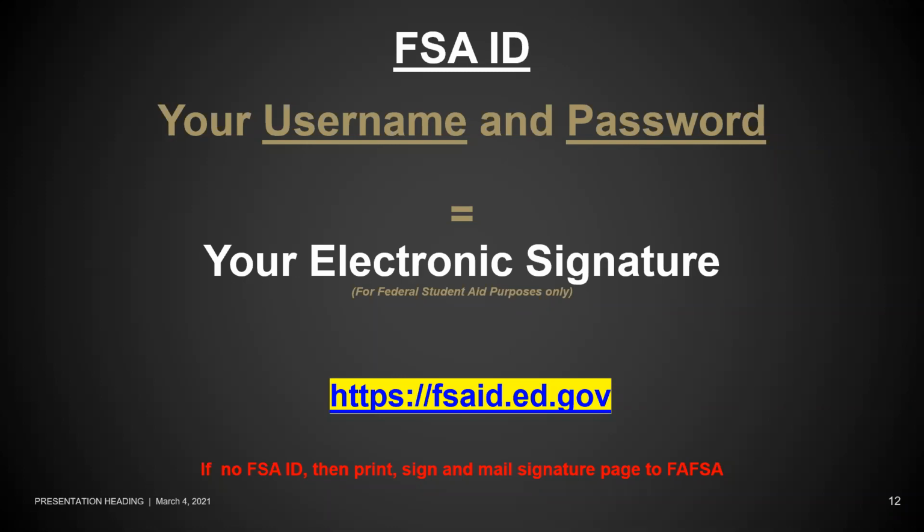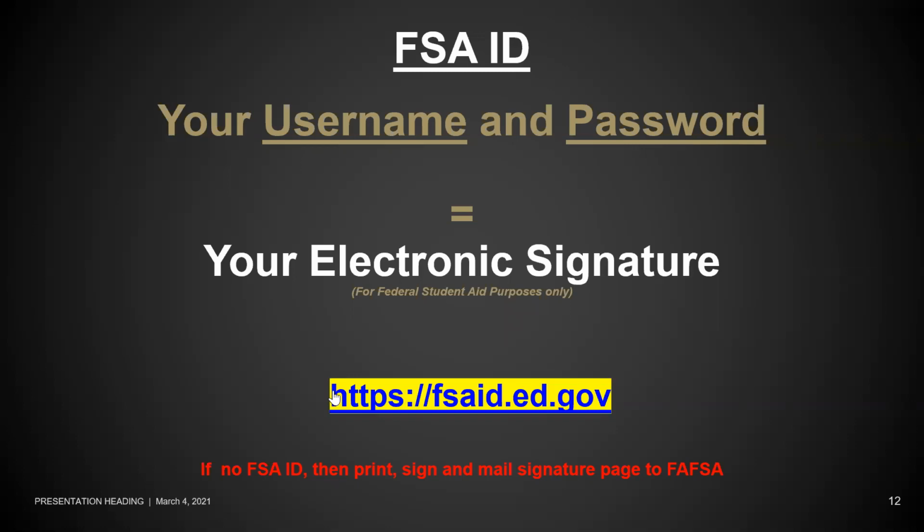It's recommended that you create your FSA ID, username, and password before completing the FAFSA application because, again, there are things that have to happen in the background to make sure that you are okay to complete and submit that application. So you can go directly to the Federal Student Aid .ed.gov website to create your FSA ID, username, and password.